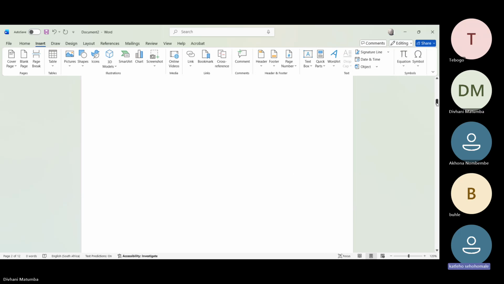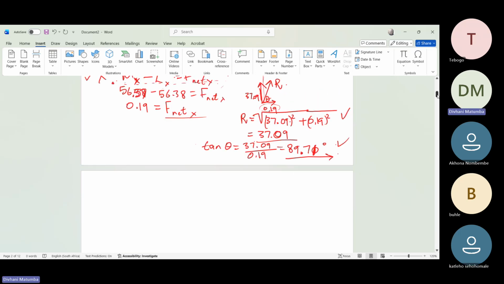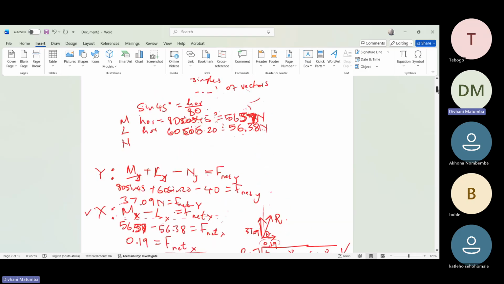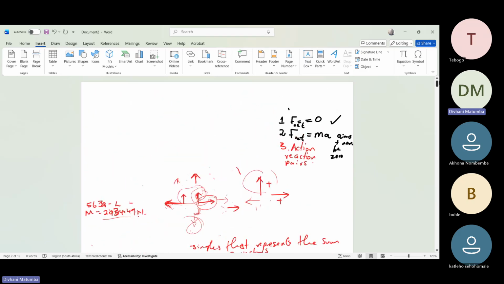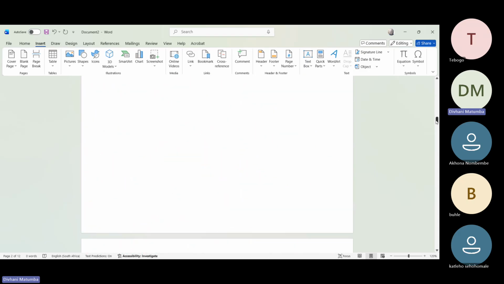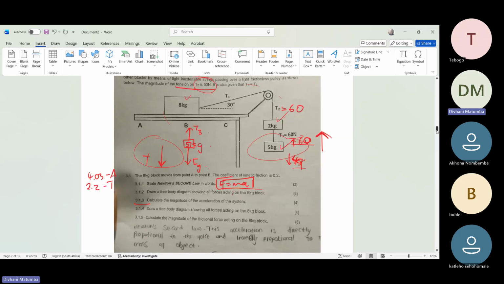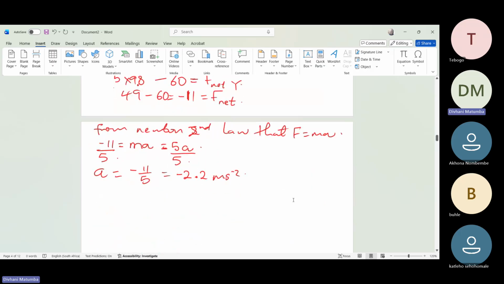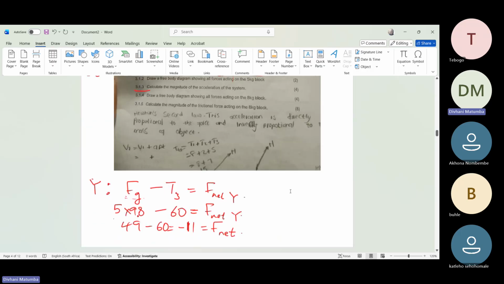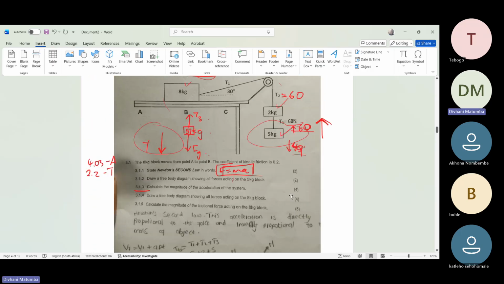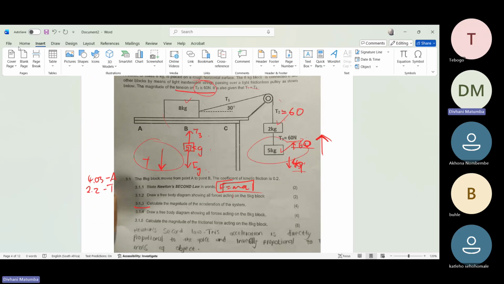But if I was your examiner, whoever used T3 as 60 or T2 as 60, I was going to give both of you all the marks. But let us correct and see what we're going to get.